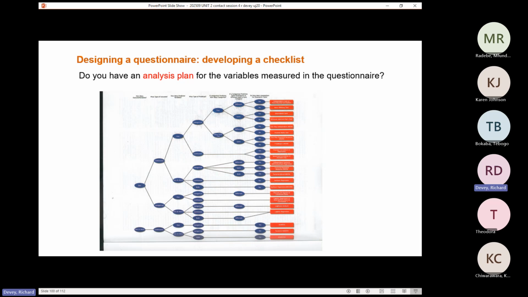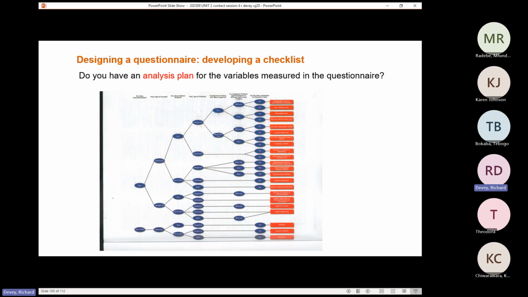So I'm going to go into much more detail on this table in the analysis section, which will be the next session. But what's important from this table to understand is that the choice of tests that we end up with is determined by the kinds of variables that we're working with. A dependent variable, what's the nature of that dependent variable? What kind of predictors do we have? What is the nature of those predictors? And then some other questions relating to the groups, if we've got categorical variables: how many groups are there?